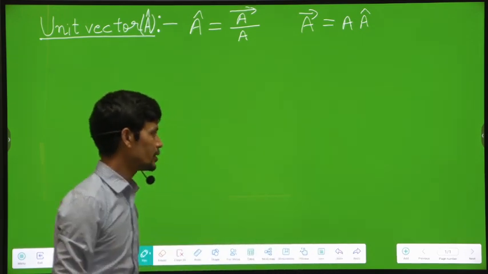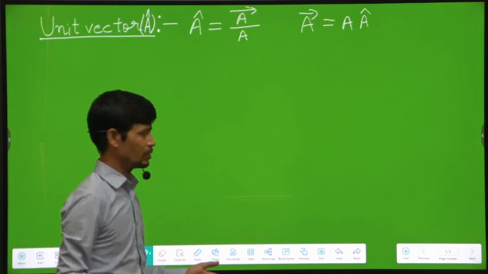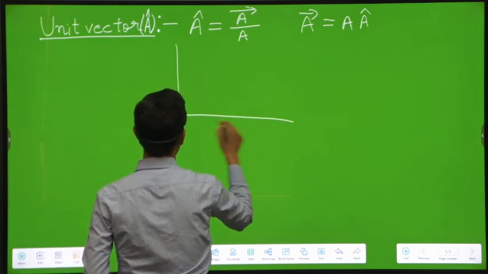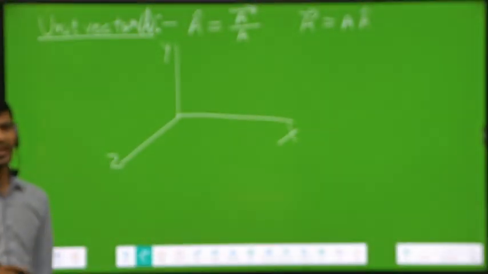So if we talk about coordinates, in 3 dimensions there are the x-axis, y-axis and z-axis. So these are some specified directions.